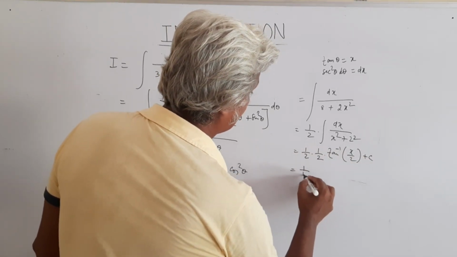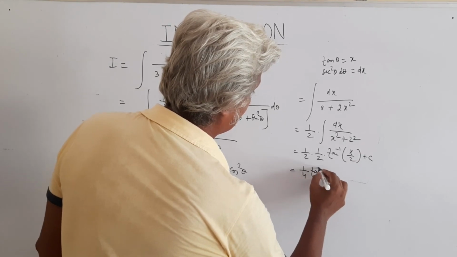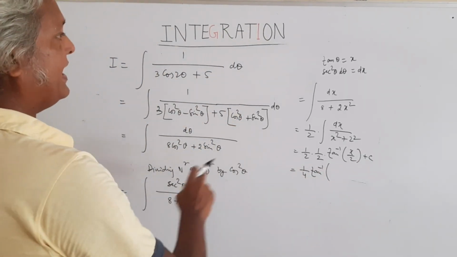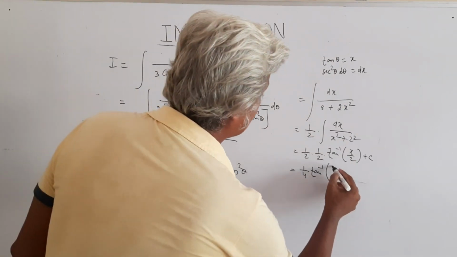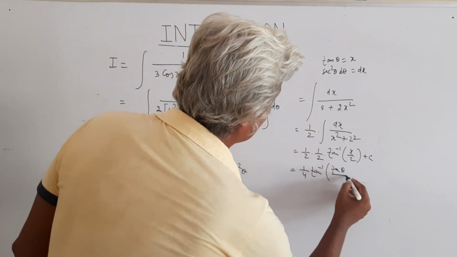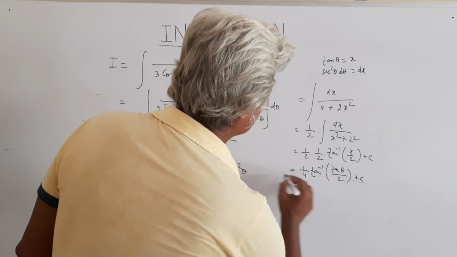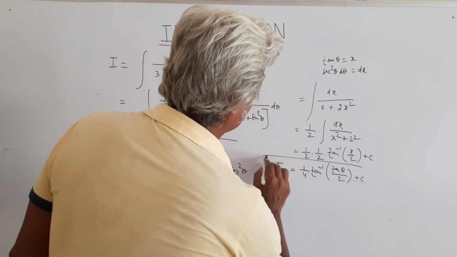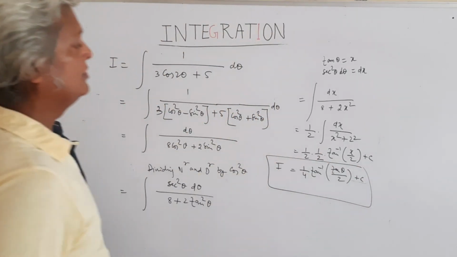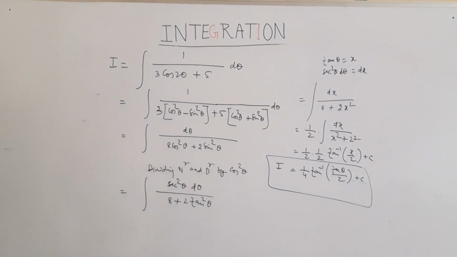So this becomes 1 by 4 tan inverse. In the place of x you write tan theta, so this is tan inverse of tan theta upon 2 plus c, and this is your final answer. So I hope you understood this particular form.